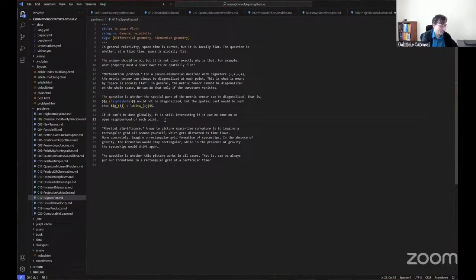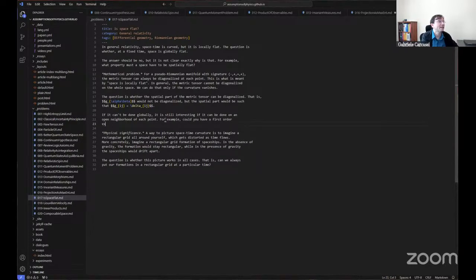For example, could you have a first order expansion that is spatially flat? Okay, that I don't think I know the answer to anyway.